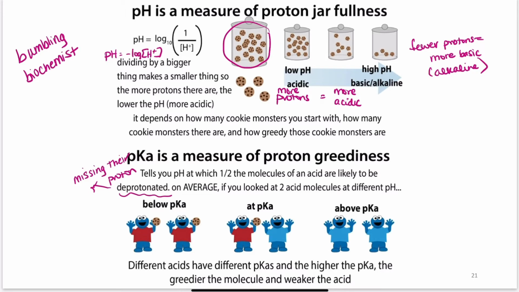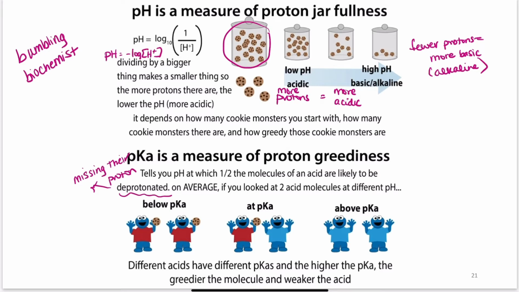If I have 100 acid molecules, at what pH will half of them have given up their proton? Why do they give up their proton? Because it's getting more and more basic in solution. On average, if you look at 2 acid molecules at different pH, if you're below their pKa, everyone has their protons.